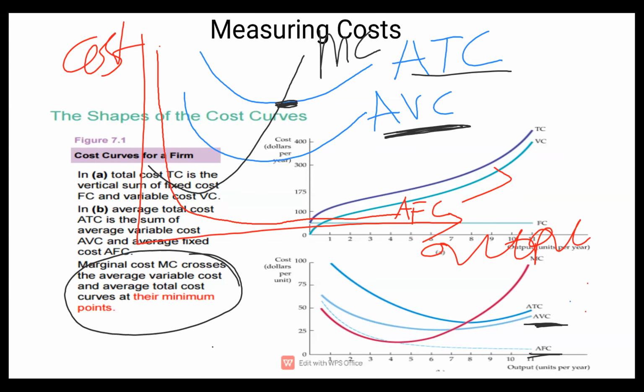Why? Because we derive the average total cost from the total cost and the average variable cost from the variable cost, and the total cost is always higher than the variable cost if the fixed cost is not equal to 0.